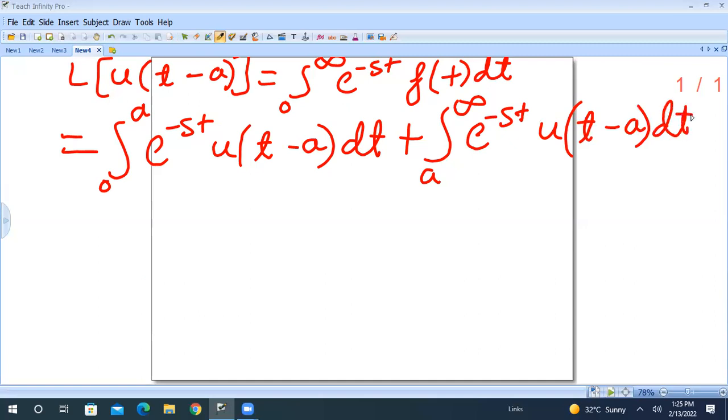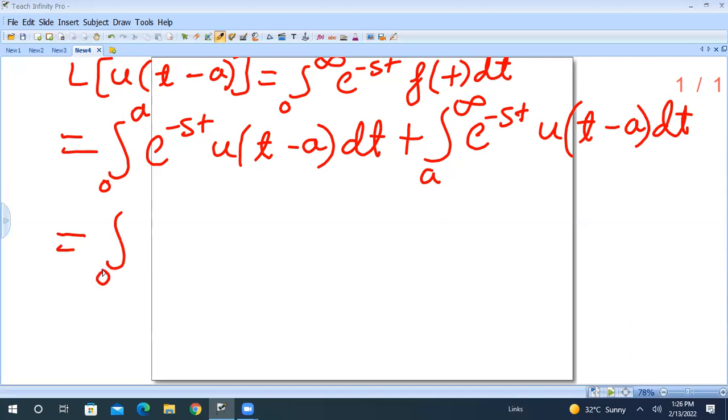By the definition of the unit step function, we come across these two conditions. So that is integration 0 to a e to the power of minus st u of t minus a into dt plus integration a to infinity e to the power of minus st u of t minus a into dt. Next we put the conditions for this.